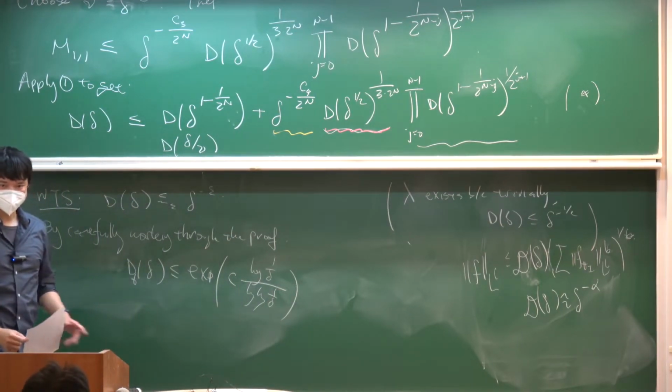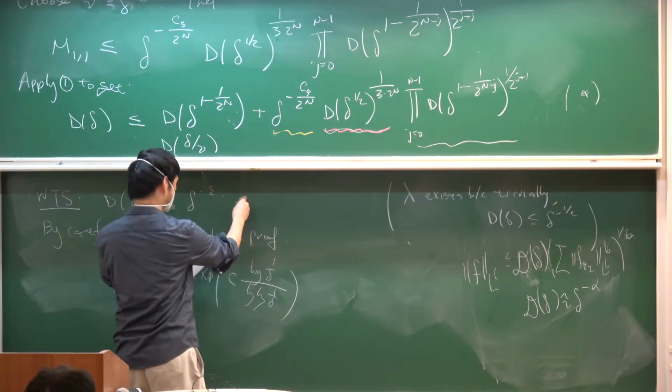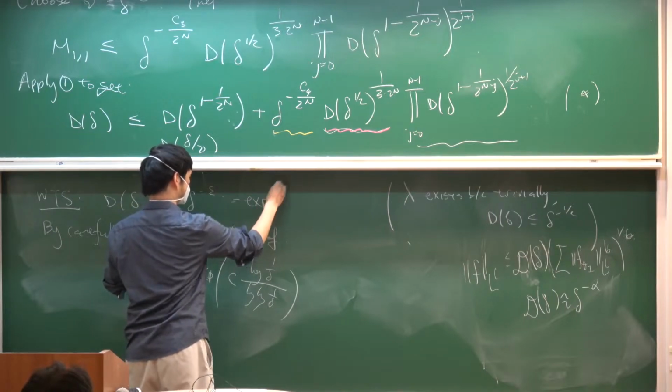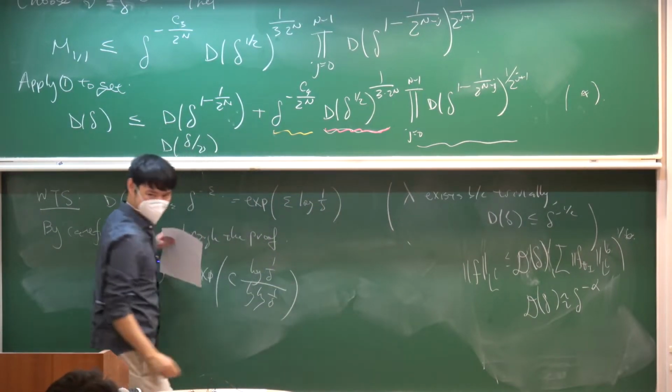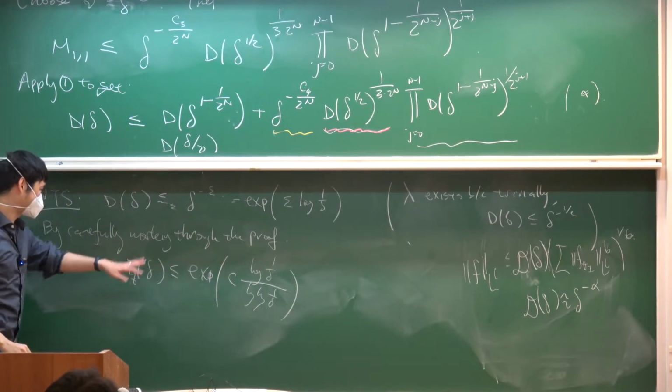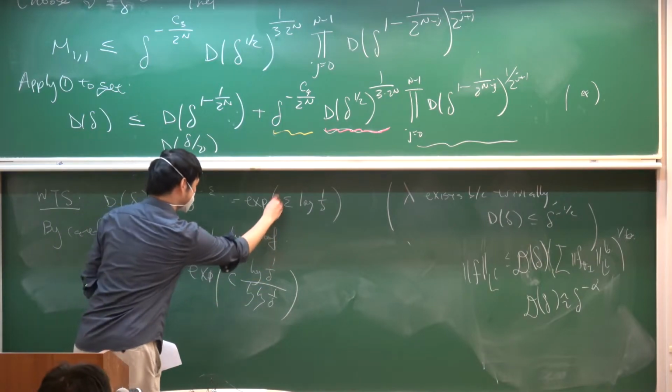This is sub-exponential, it's slightly better than this one. The comparison is that, remember, this is exponential of epsilon log 1 over delta. Let's put a constant here.